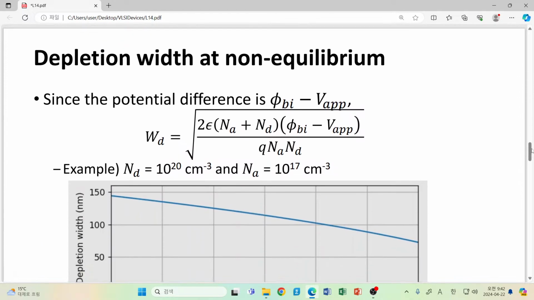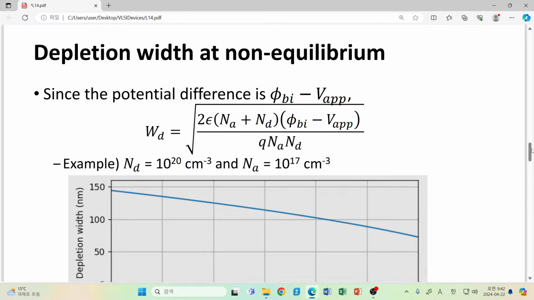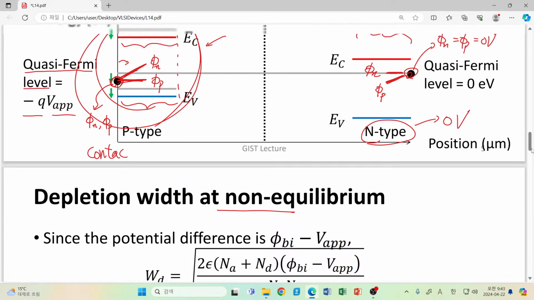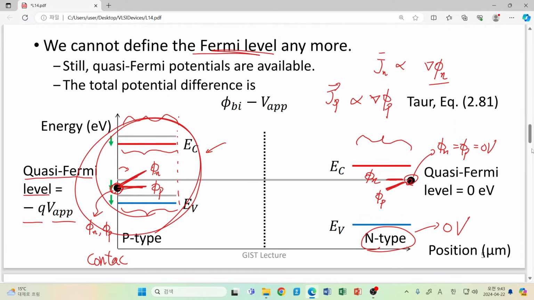And now it is quite easy to understand. At non-equilibrium, the depletion width will be a little bit different, because if we apply positive bias to our anode, then the built-in potential will be reduced, and if we introduce negative potential, then the potential value will become even higher.